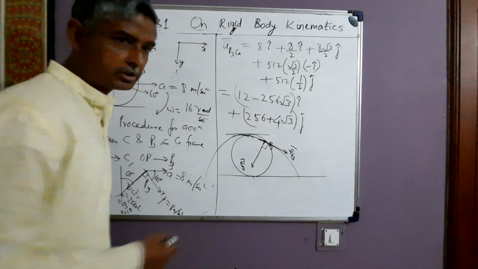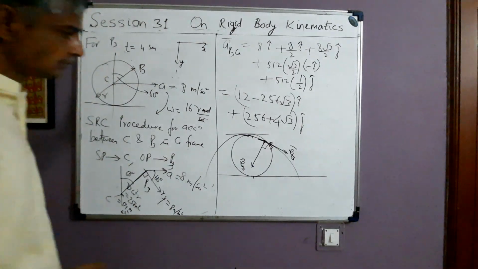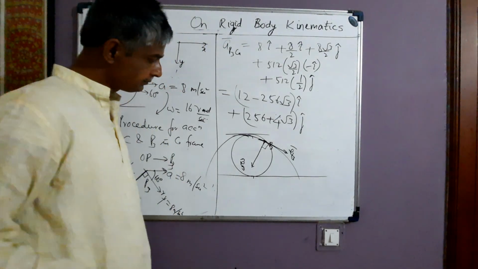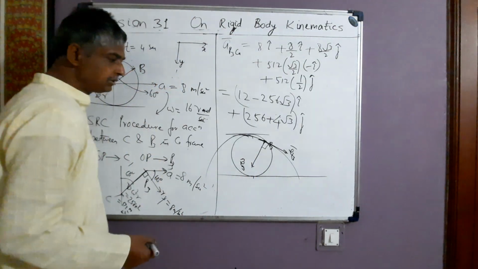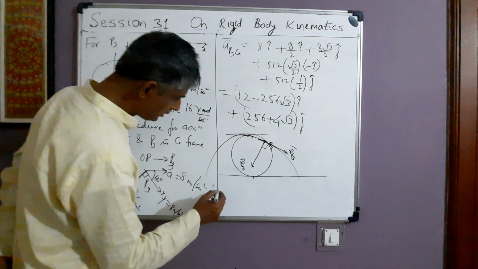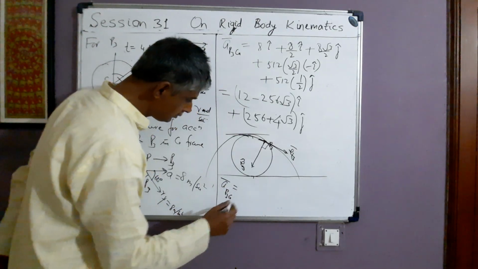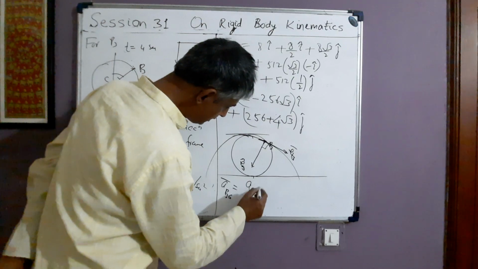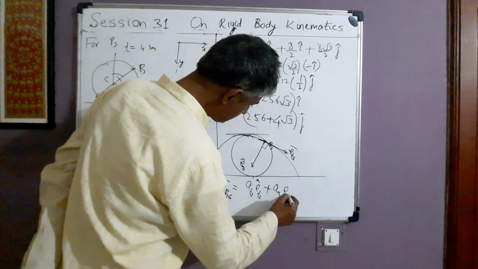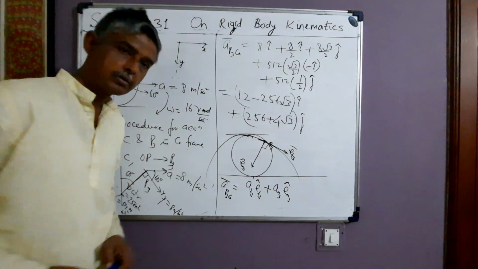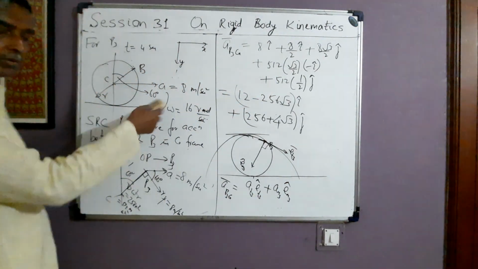One thing I'd like to say here, that how to find VP3G, because AP3G is equal to AT3 ET3 hat plus AN3 EN3 hat.